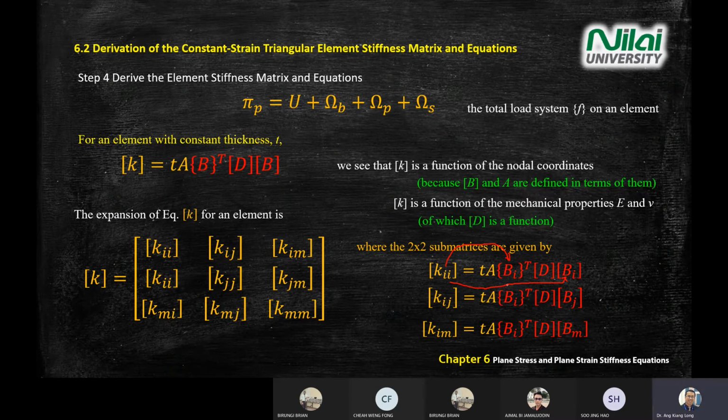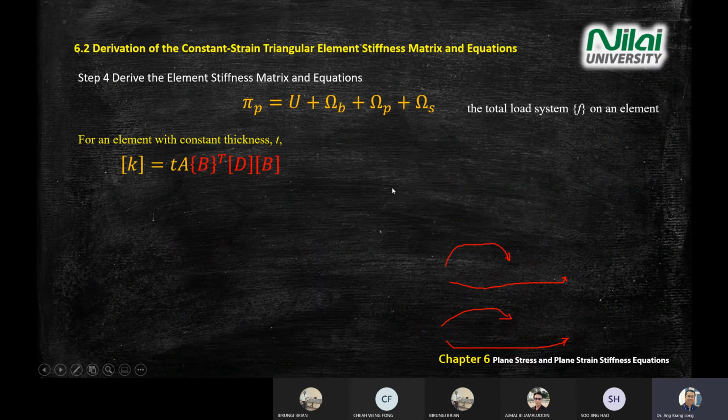Same with KIJ, which gives you BI transpose D BJ. For the third one, if the first subscript is I, the first is BI; if the second subscript is M, the second is BM. So just recap, I'm going to ask questions later on.